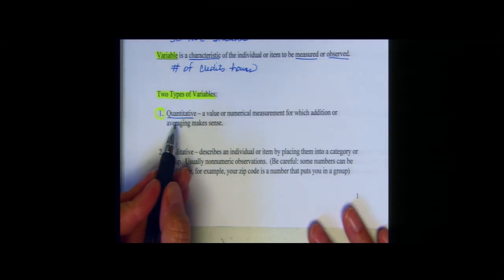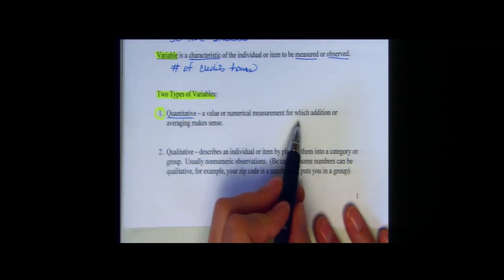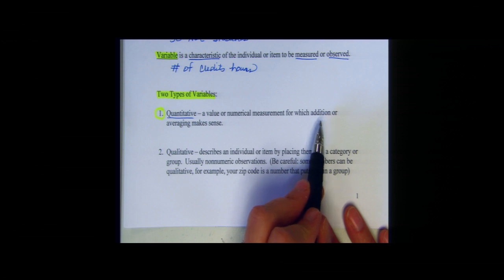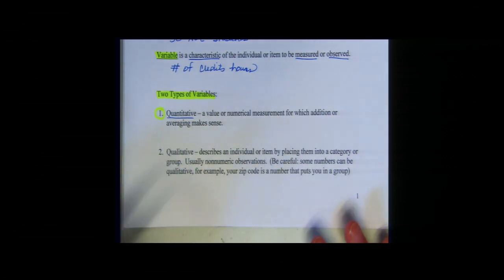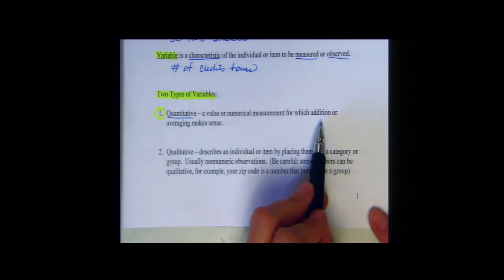And quantitative, you can think of the root word quantity. So it is a number, and you are able to add it and average it, and that makes sense. We will see there are some numbers that are not quantitative, and the reason they are not quantitative is because adding them or averaging them does not make sense.